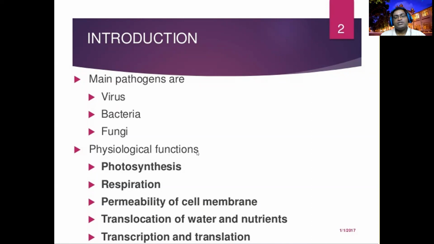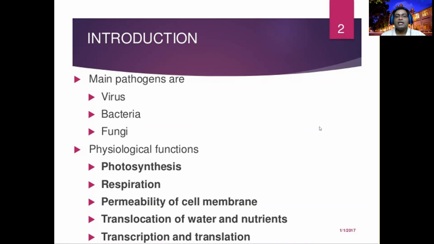What physiological functions would you have studied in plant physiology? Photosynthesis, respiration, permeability of the cell membrane, translocation of water and nutrients, and transcription and translation, which come under protein synthesis.